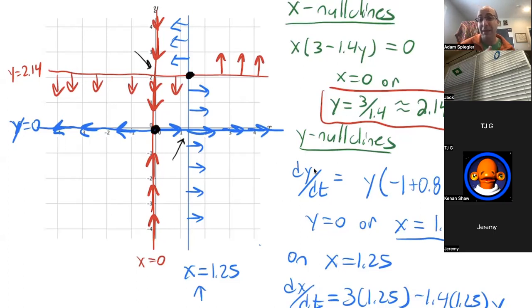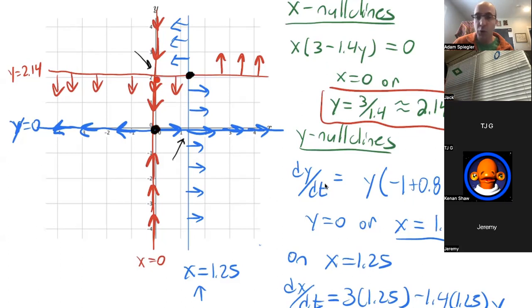What's the difference between the two points I've marked here and these points over here? The first two points are where both dx/dt and dy/dt equal 0. What's important is we're looking for intersections of different types of nullclines.